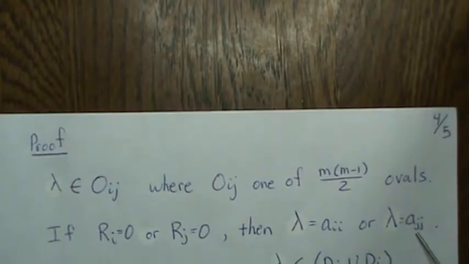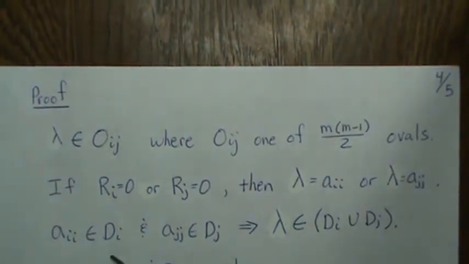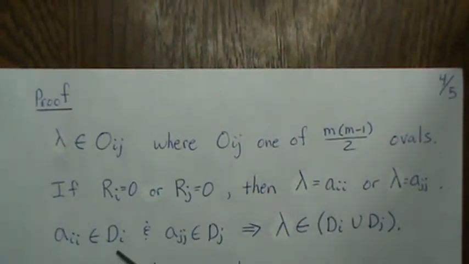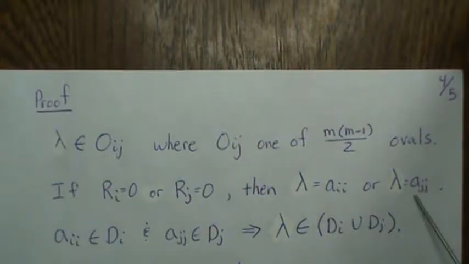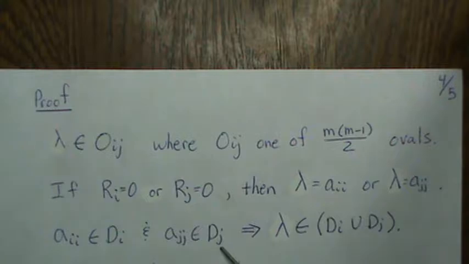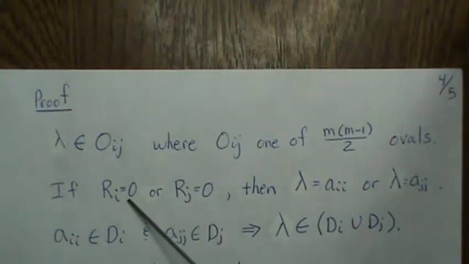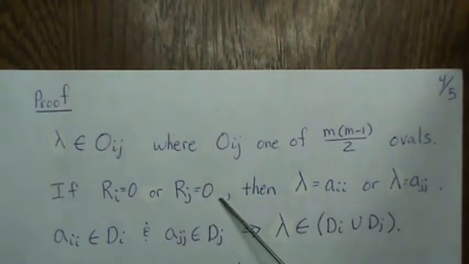But we know that a_ii is in the ith Gershgorin disc and a_jj is in the jth Gershgorin disc, so lambda has to be one of those if R_i or R_j is 0.